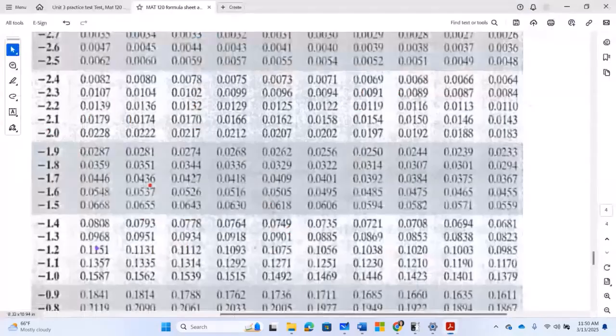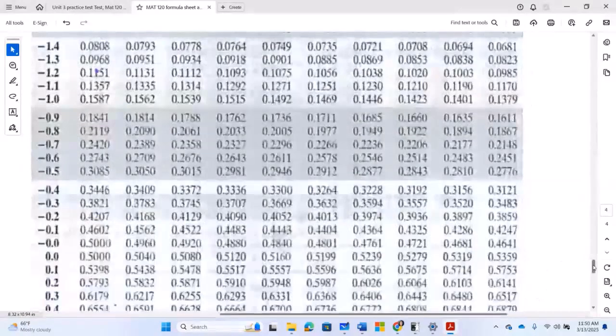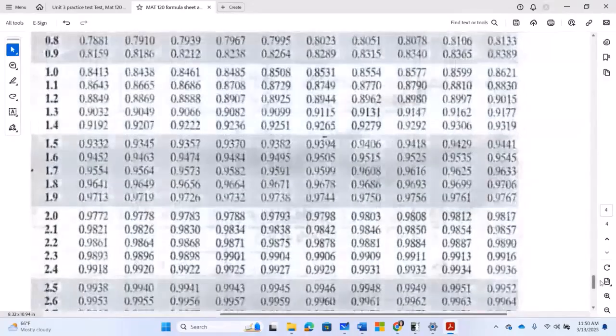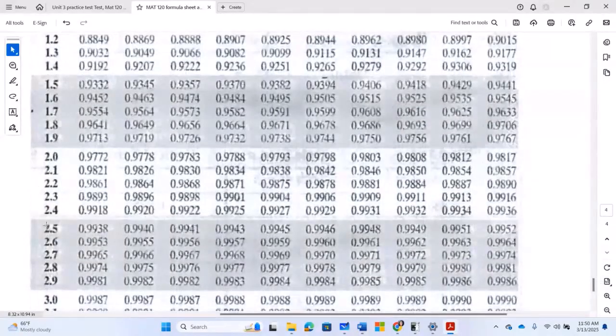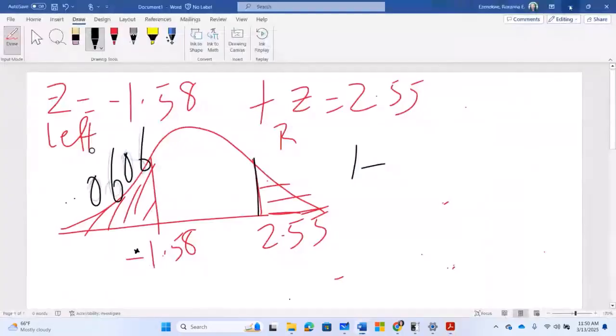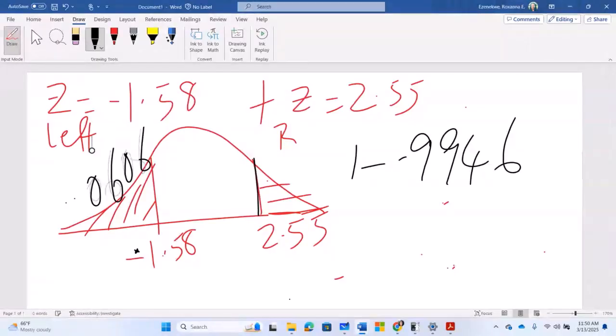So I am going to look for 2.55. Here is 2.5, and 0, 1, 2, 3, 4, 5: 0.9946. So 1 minus 0.9946, approximately, that answer is going to be 0.0054.